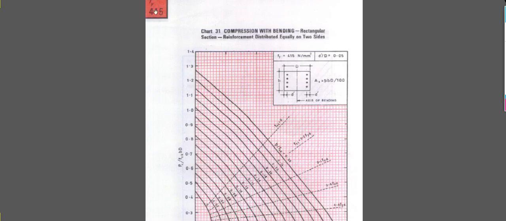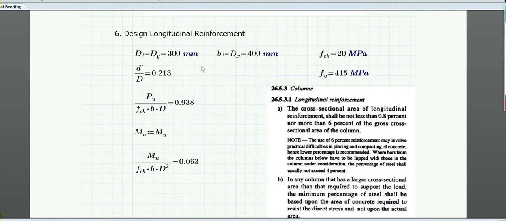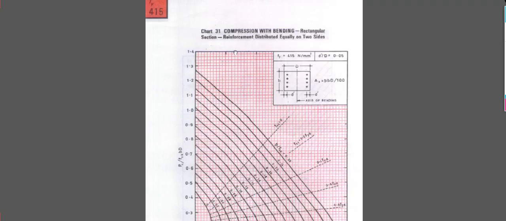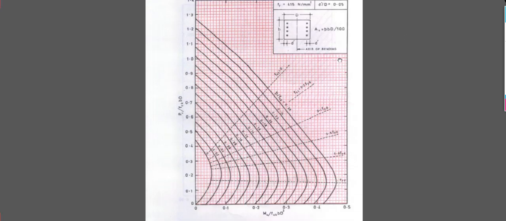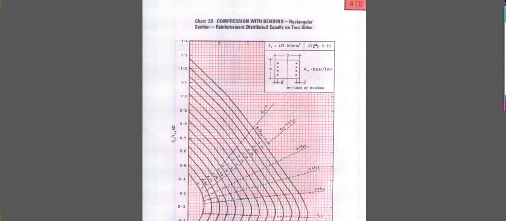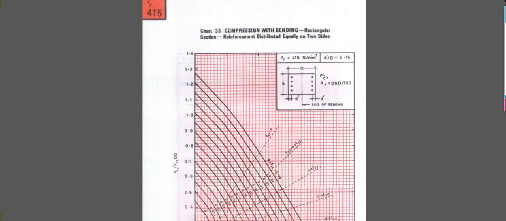This is for fy 415, which is of interest to us, and after calculation of d dash by d you will see that it is 0.2. So whichever is nearer to 0.2, that particular chart you have to take. If d dash by d is 0.05, it might not work for us. This is 0.1, and this is for 0.15.